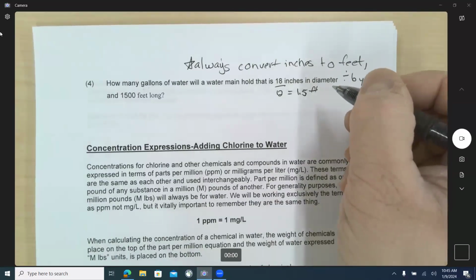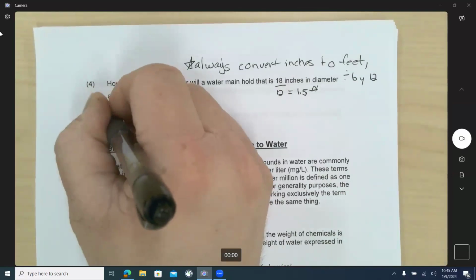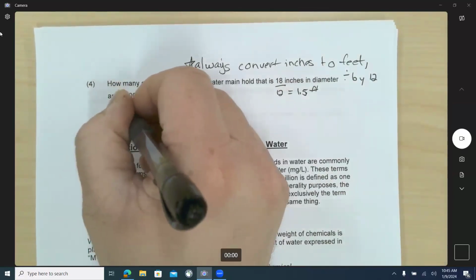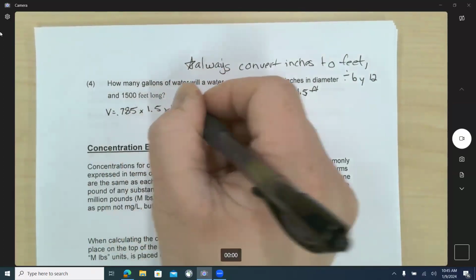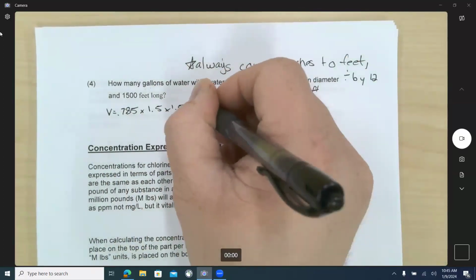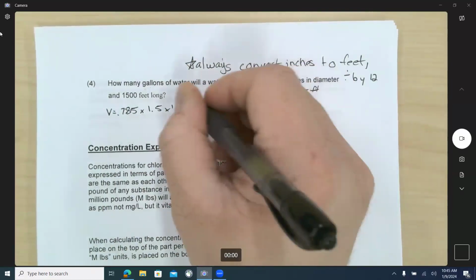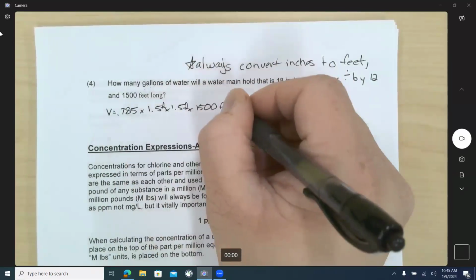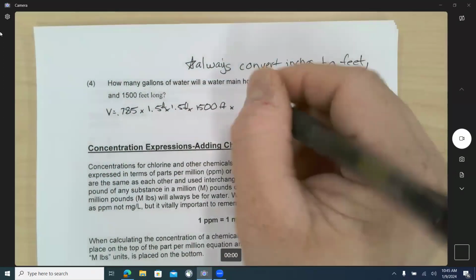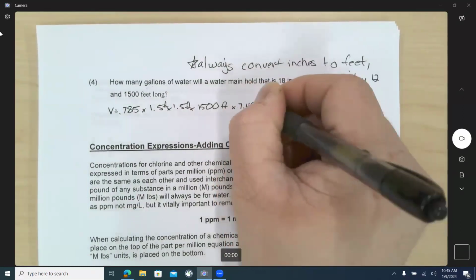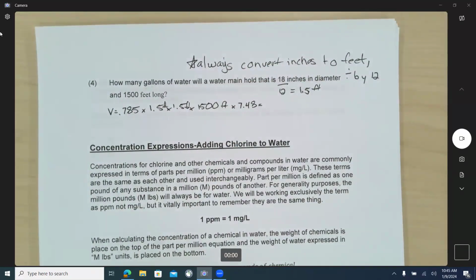All right. And then you're going to take your volume, which is going to be 0.785 times my diameter of 1.5 times 1.5 times 1,500 feet. I mean, these are all feet. Well, I need it in gallons. And if you have cubic feet, how do you get cubic feet to gallons? Well, you multiply by 7.48. Okay. I'll give you a minute real quick to do that because of the fact that it had the inches in there. Maybe some of you did it as 18 and your number's way off.